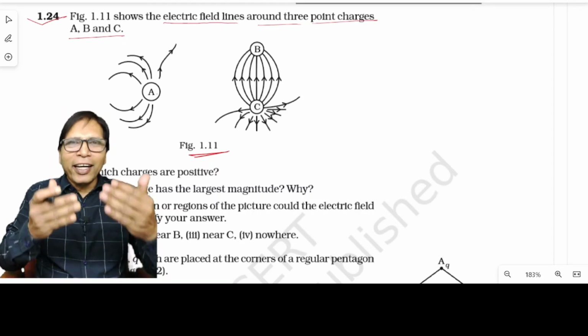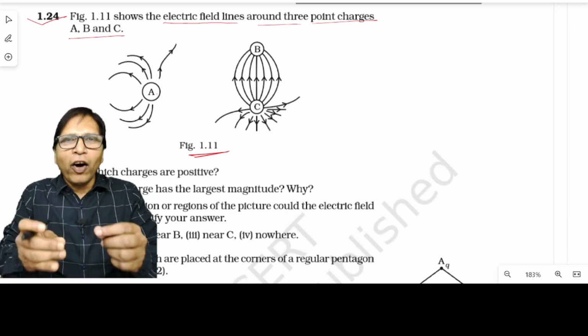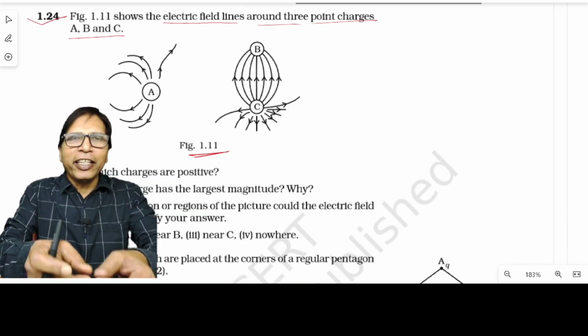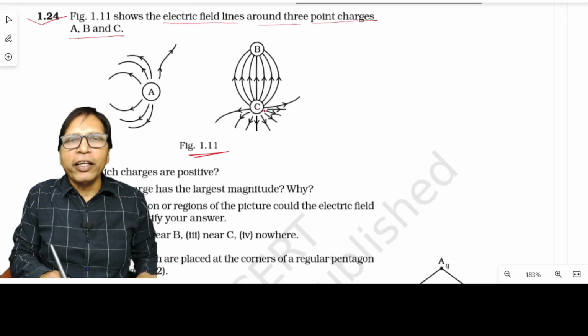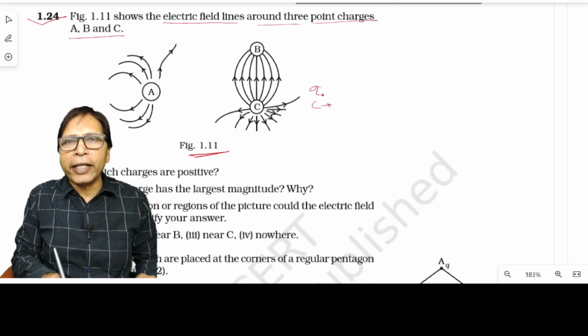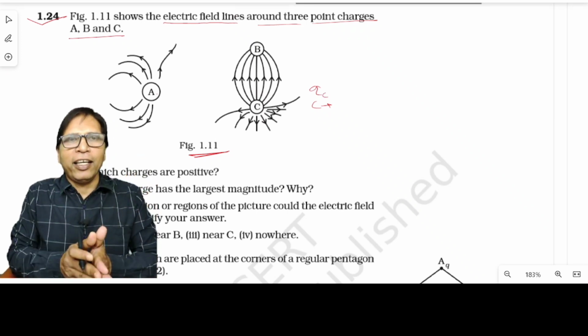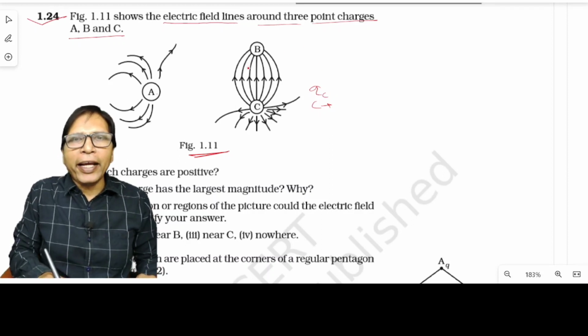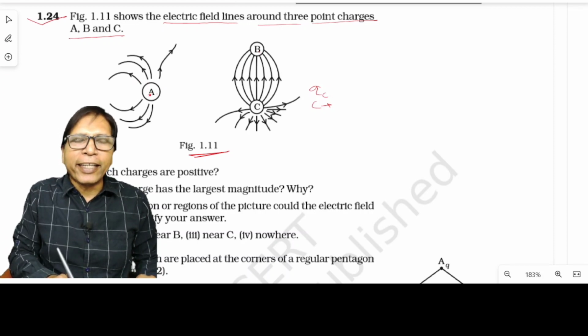We know the number of lines of force originating from a charge or terminating at a charge represents the magnitude of the charge. At point C, many lines of force originate, so C is a positive charge and its magnitude is greater than charge B and charge A. Again, the lines of force are closer at B than at A, so charge B is greater than charge A.